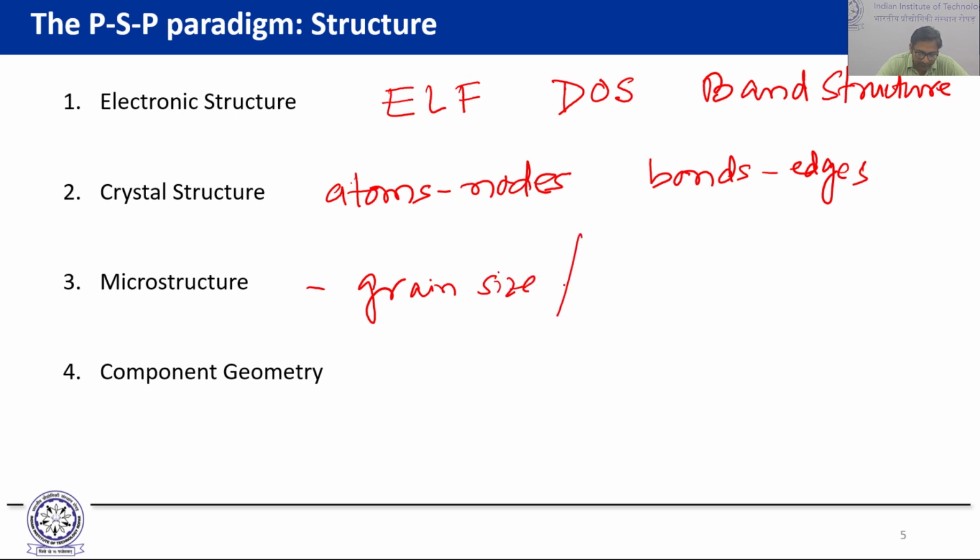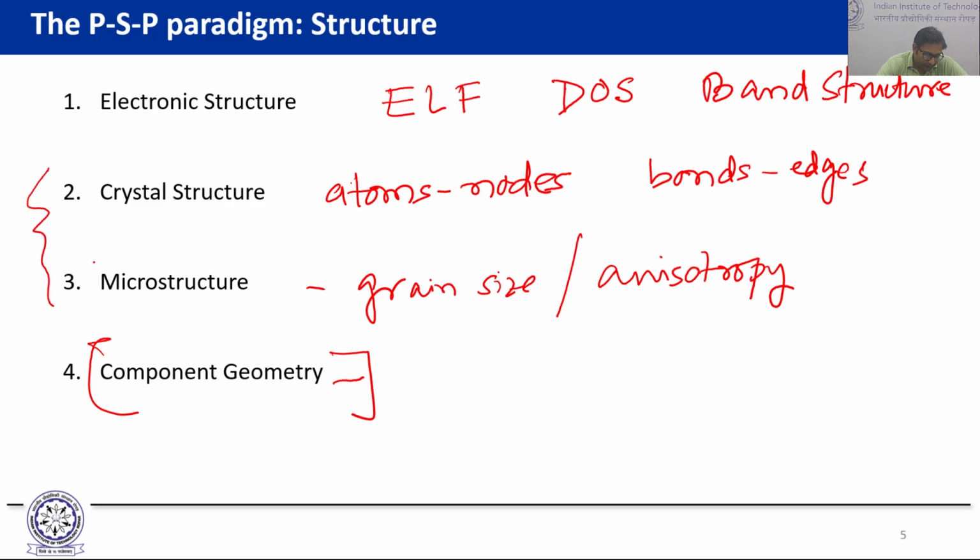You could have some sort of anisotropy that you would have to find a way of capturing when you are describing the microstructure and so on. And as you go to the really large scales, things like the component geometry start to matter. So for the purpose of this course, we are not really going to talk too much about the component geometry. We will focus mainly on the crystal structure and the microstructure.